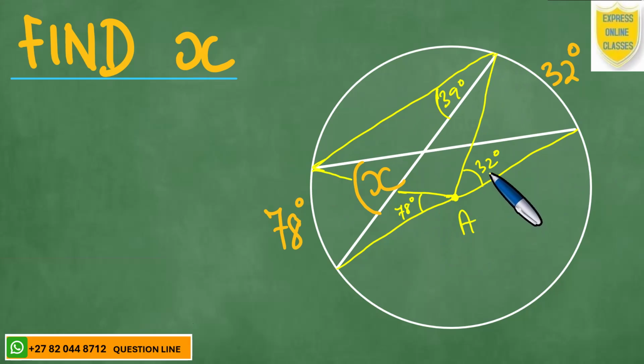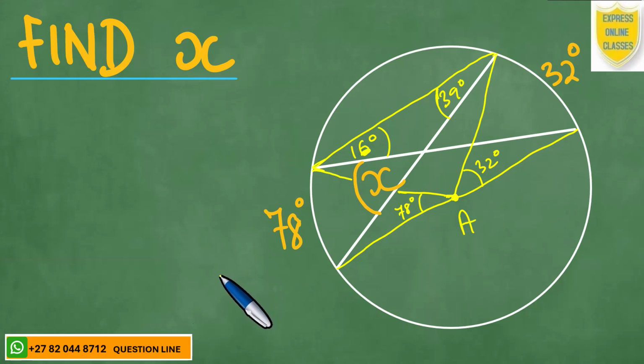And therefore, we divide 32 by 2 and we get 16 degrees. Exactly 16 degrees. So this angle of 32 degrees equals 2 times 16. Okay, so 2 times 16 is 32. Now, in this case, we're good.